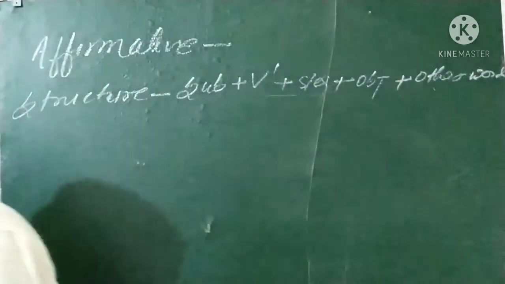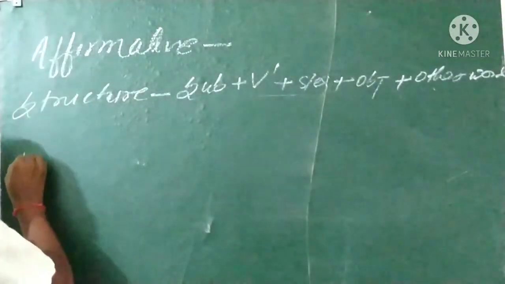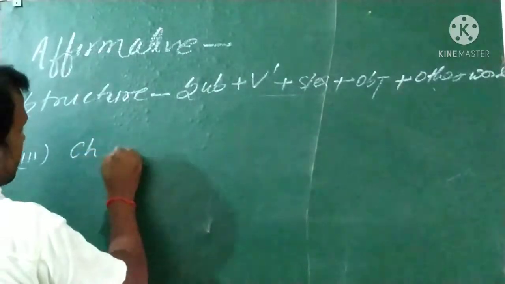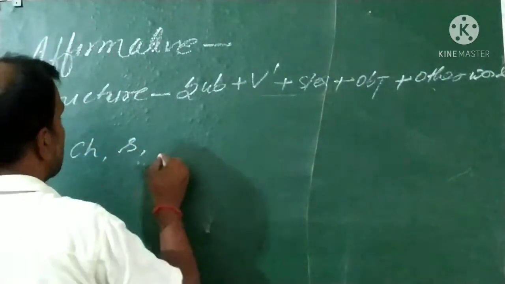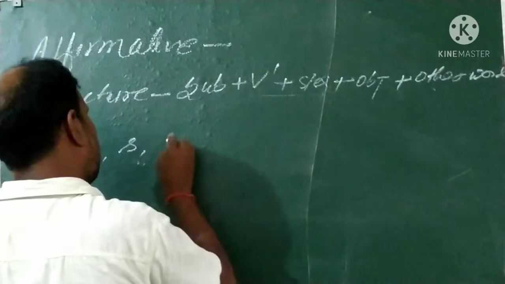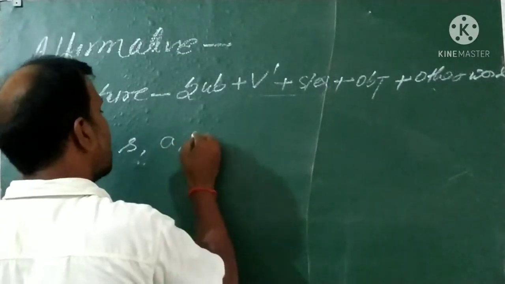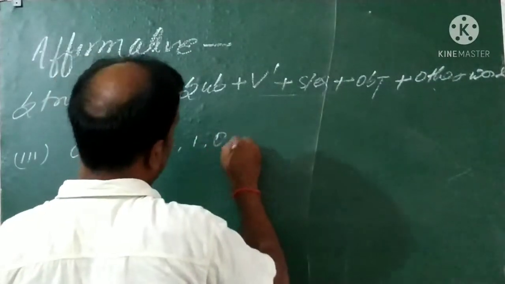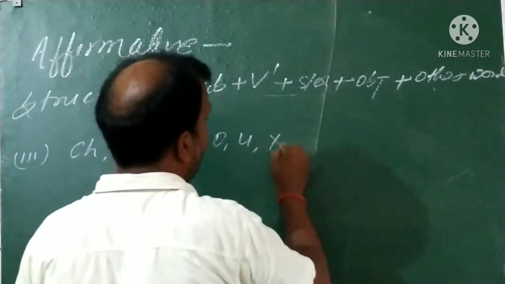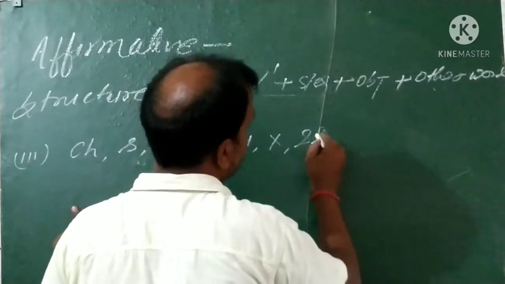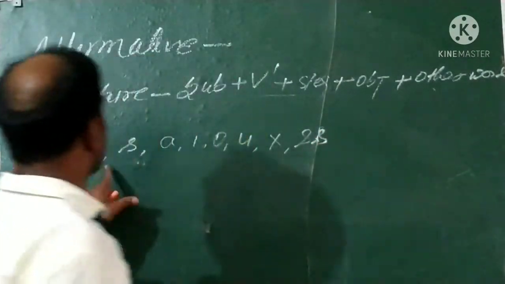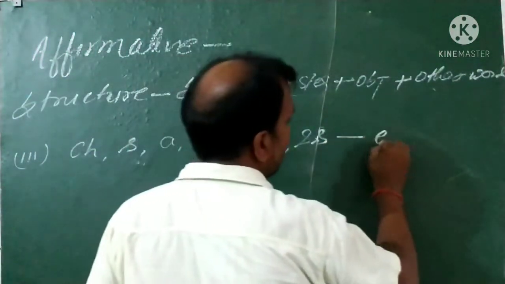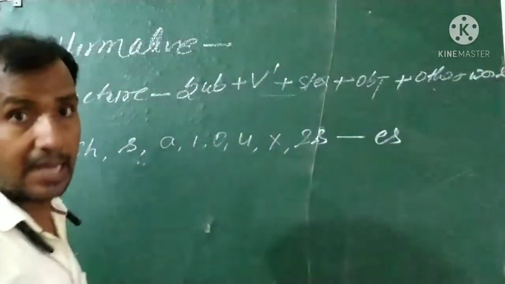Now listen. Note third. CH, S, SH, X, Z, O, double S: with these particular endings you have to write or add ES, otherwise S only.